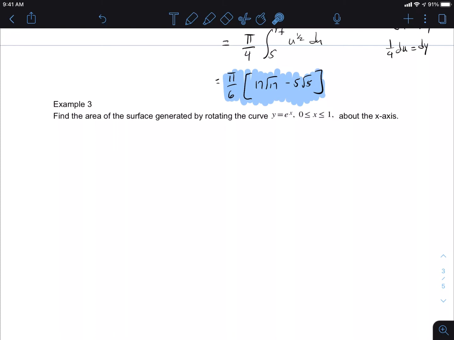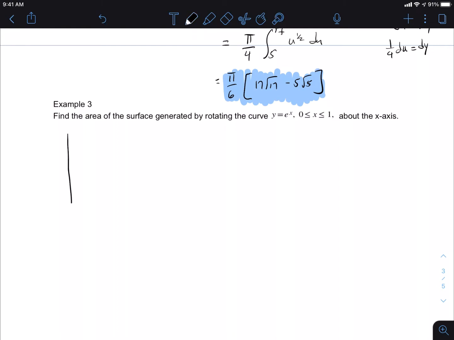Should it be dx or dy? It should be dx, right? Because the bounds that we have are in terms of x, so our ds should be in terms of dx. Okay?